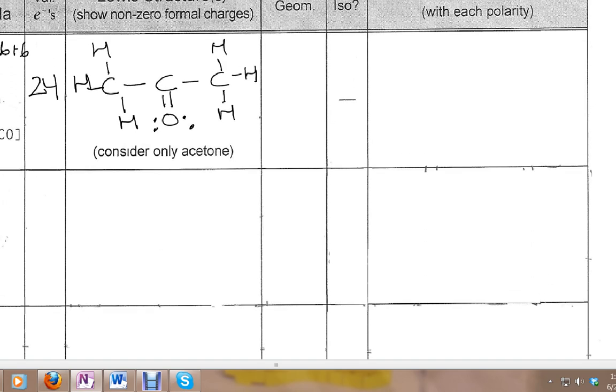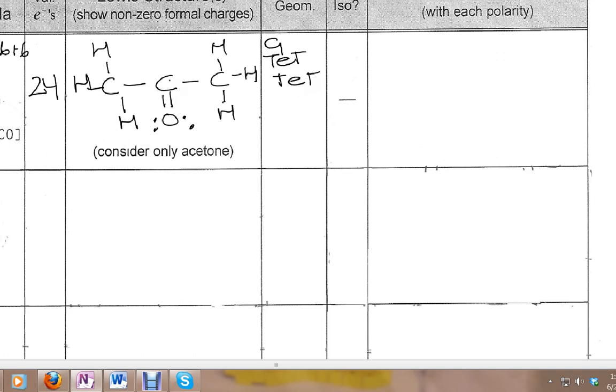Geometry. Let's study the central atoms. What is the geometry and the shape for carbon 1? Carbon 1 will have 1, 2, 3, and 4 domains. Remember, we take into account the second carbon. So it has 4 domains, tetrahedral. Well, all of them are atoms, it doesn't matter if they're carbon and hydrogen.